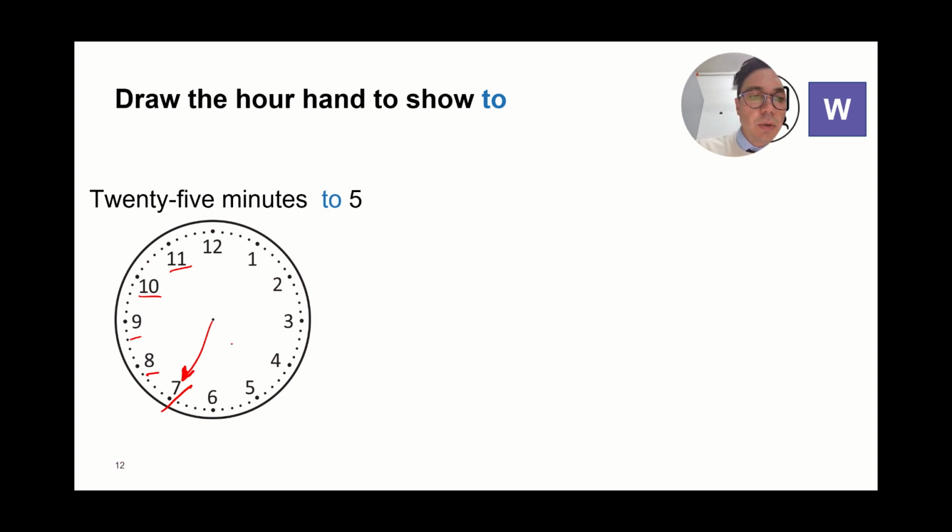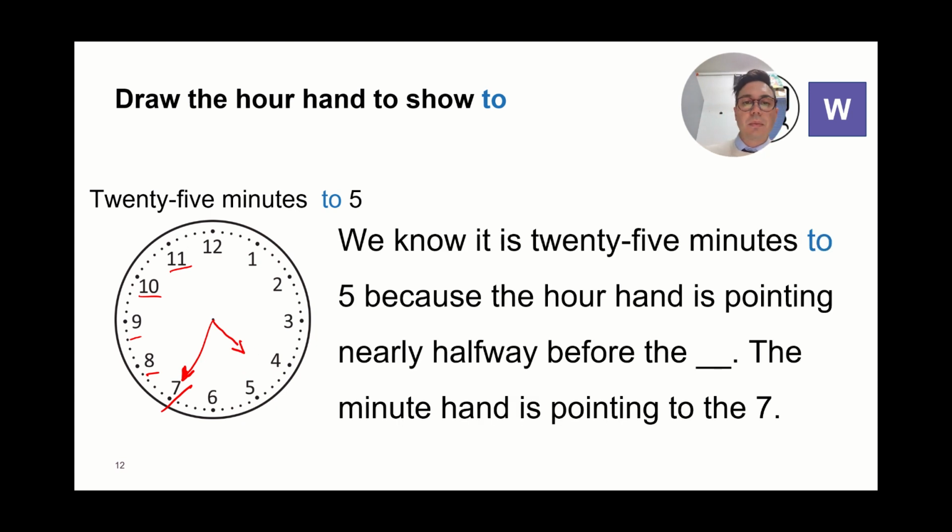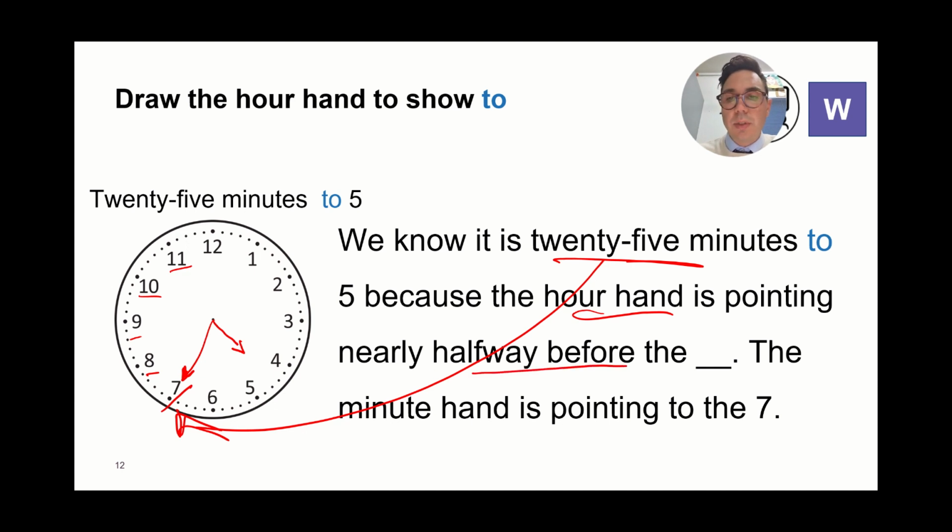So our hour hand is slightly after the halfway mark, roughly around there, to the 5. We know it is 25 minutes to 5 because the hour hand is pointing nearly halfway before the 5, and the minute hand is pointing to the 7.